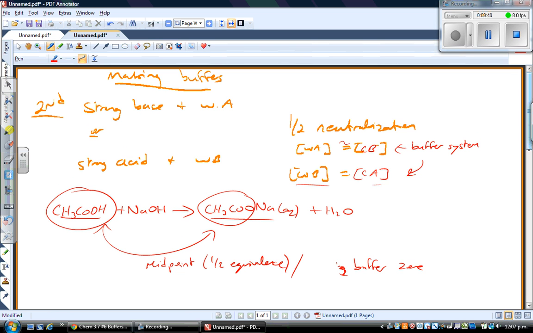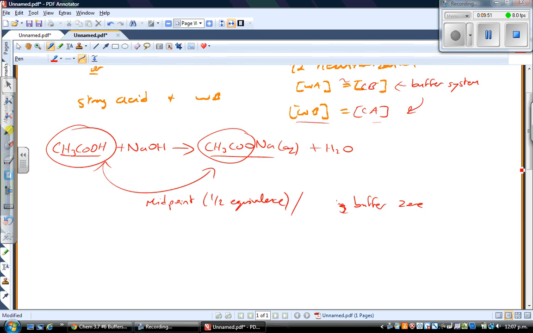There was also a question on an exam paper I was looking at just today, where they took a weak base plus a strong acid. And what they were looking at here was the formation of the conjugate acid for ammonia in that case, plus Cl minus.